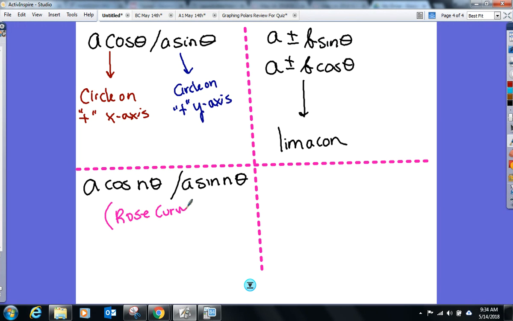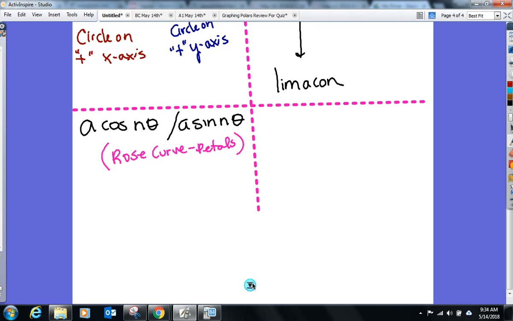This is what we went over the last 2 days. Are we all clear on how to figure out the number of petals? If it's odd, that's the number of petals. If it's even, what do you got to do? Multiply it by 2. Are we all in a good understanding on how to figure out how far between each petal it is? How many degrees? You take 360 and divide by the number of petals.